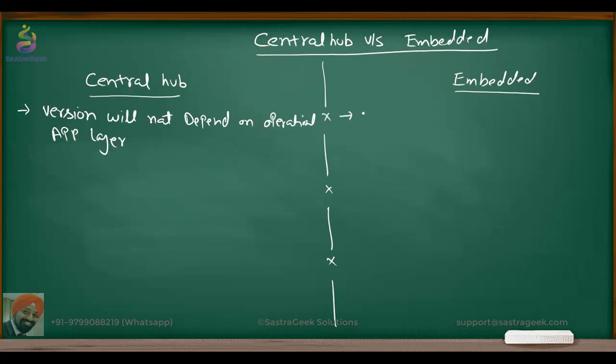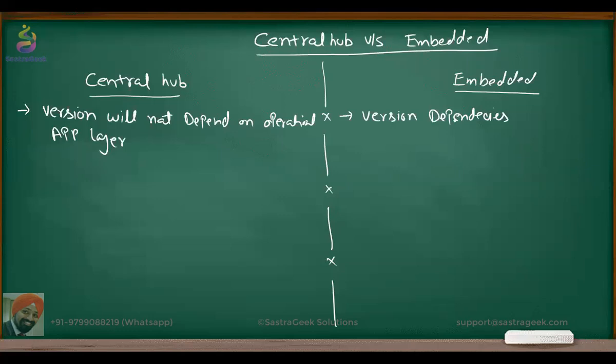In the embedded one, there would be version dependencies. Let's say you want to upgrade your versions of UI5, or you want to upgrade your gateway system's version, right? But when you are on the embedded, you need to see the dependencies.